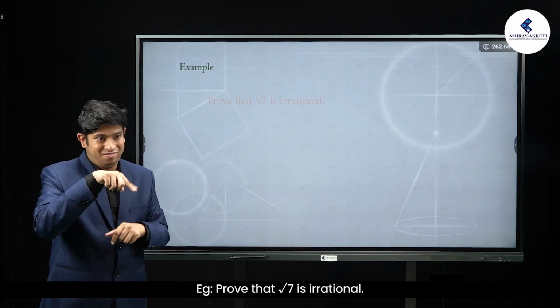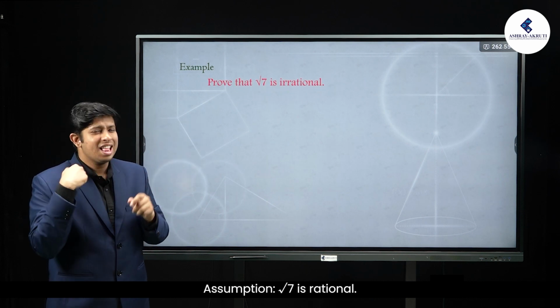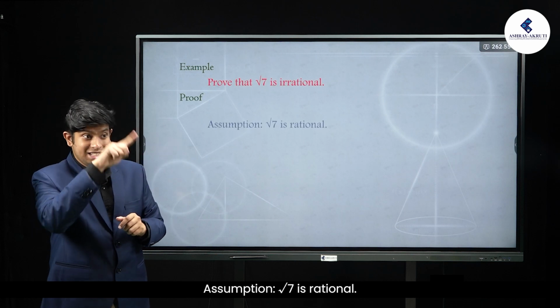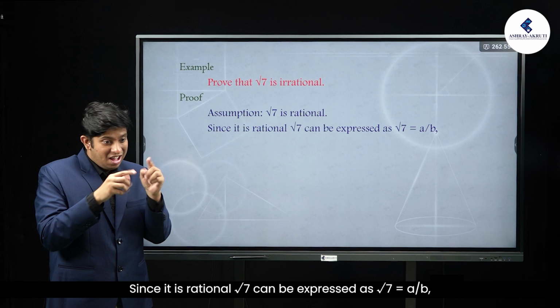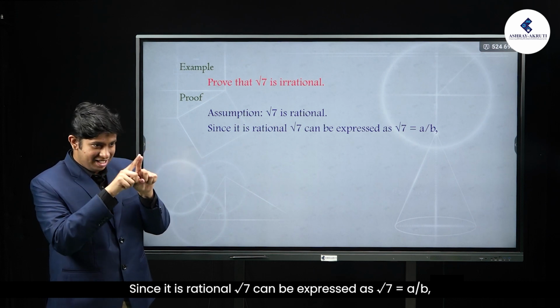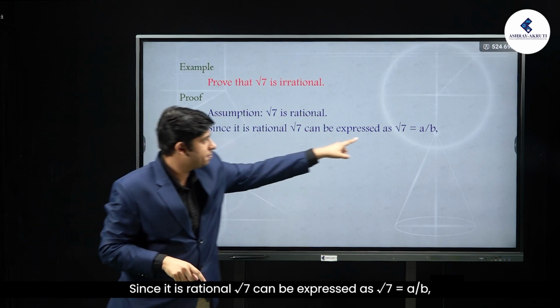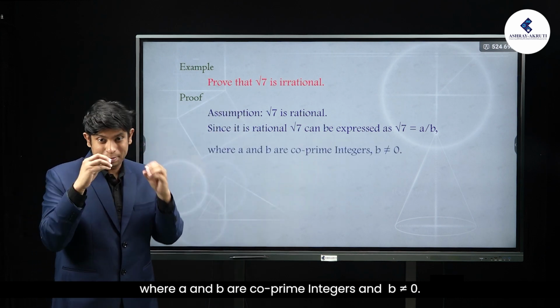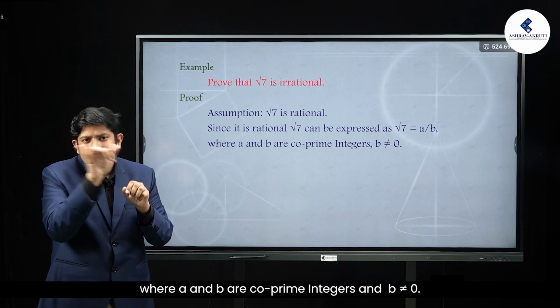Example: prove that root 7 is irrational. Assumption: root 7 is rational. Since it is rational, root 7 can be expressed as root 7 is equal to a by b, where a and b are co-prime integers and b not equal to 0.